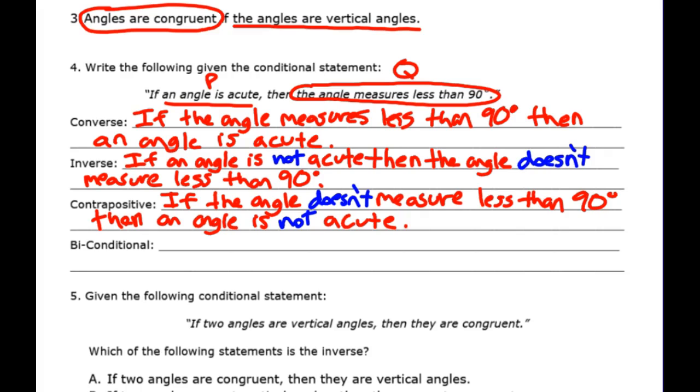All right, I switched the order and I made them opposite. Again, your sentence might be a little bit different. You don't have to word it the exact way I did, as long as you're making them opposite in some way.